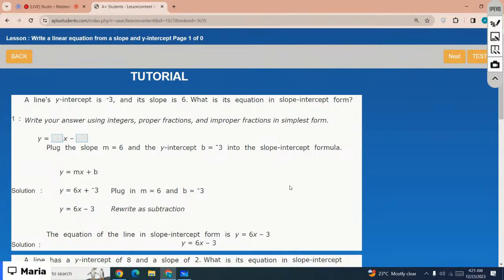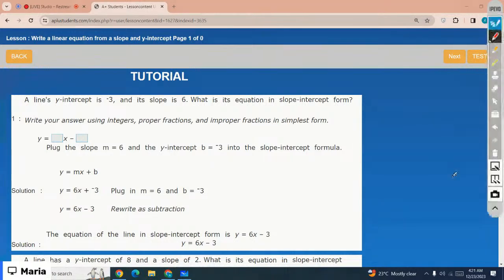Okay, so the first example is a line's y-intercept is negative 3. You are given the y-intercept, right? That means b is negative 3 and its slope is 6. That means m equals 6, right? Now you have to write the equation in slope intercept form. The equation in the slope intercept form is y equals mx plus b.